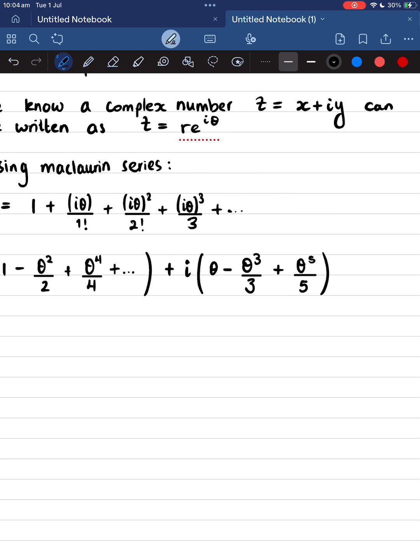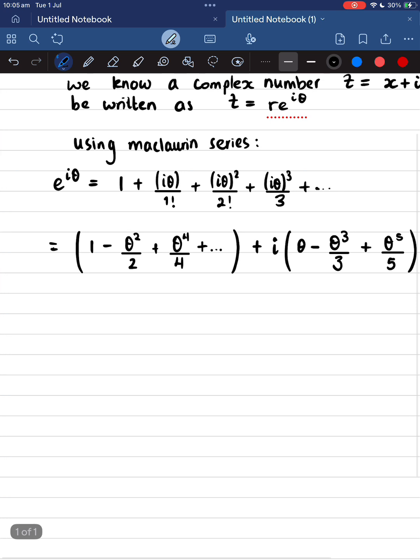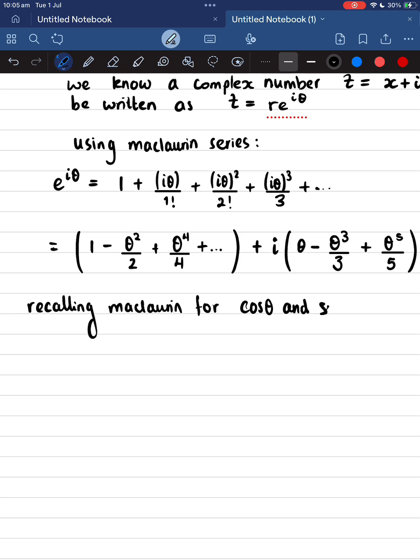If we think about cosine theta and sine theta, we can explore their Maclaurin series now. And so we know that cosine theta is just a series of even powers divided by the factorials with the alternating signs.